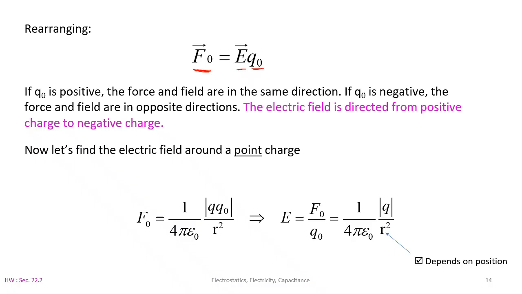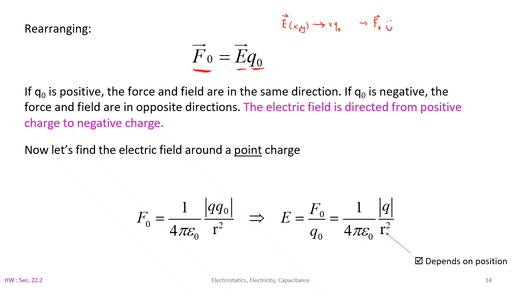Now, if someone gives you the electric field, E of x and y, for example, then you don't have to worry about where all those other charges are. You simply can work out the force on your test charge just by multiplying it by Q0, and that will give you the force. Simple.